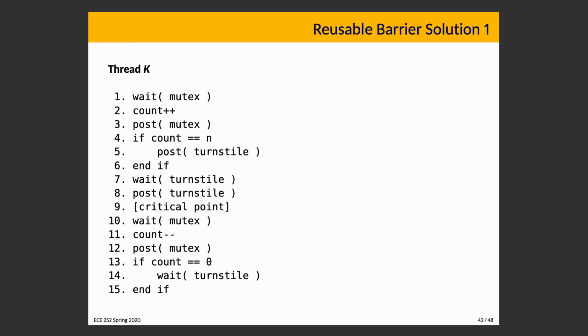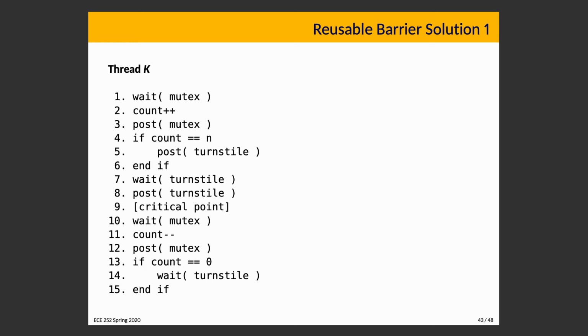And as before, there's one extra post on line 5, but it's balanced now by an extra wait at line 14. So our total number of wait and post statements is balanced. It means that if turnstile is initialized to 0, when all of the threads have run through, the final value for turnstile will be 0. So that's pretty good.